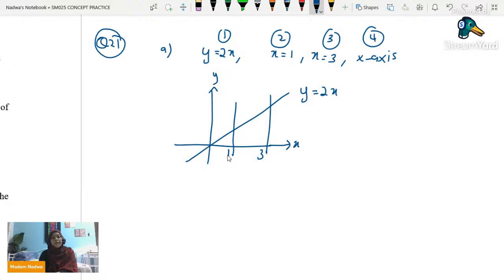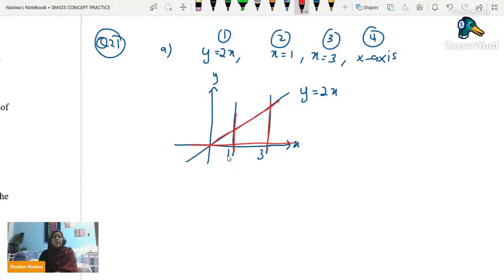So nampak tak kawasan yang dilingkupi oleh, okay, saya lukis balik. Ni, garisan ni, garisan ni, garisan ni, dan garisan ni. Okay, kita tak boleh kata daripada 0 sampai 3, tak boleh. Sebab dia kata dia nak daripada 1.